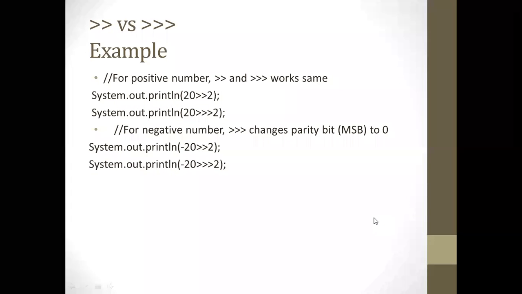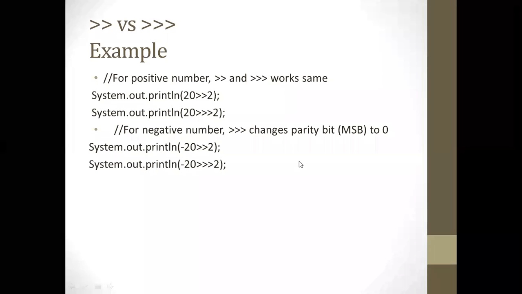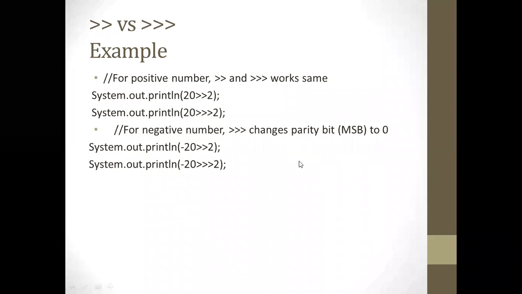Just remember this shift operator: if it is used on a positive number, it works the same as the right shift, and for a negative number it always changes that parity bit to the zero form. I will discuss some examples with these operators in the next session, but meanwhile you can practice on your own, because you have already done all these things in your previous languages.